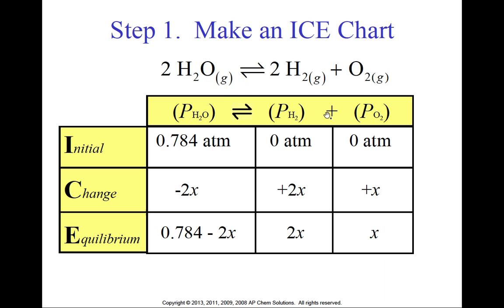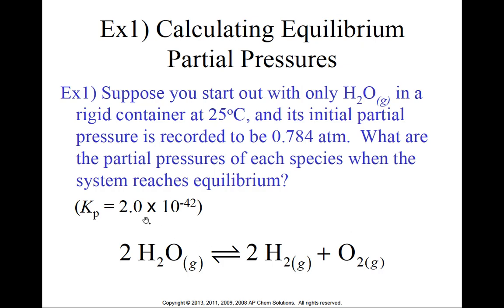So at equilibrium, this partial pressure is going to go down, and this is going to go up by the same amount, and this is going to go up by half that amount, only X. Now what we're going to do is write our equilibrium expression that we learned how to do, but we're going to substitute these values in for it and set it equal to our K value right here.